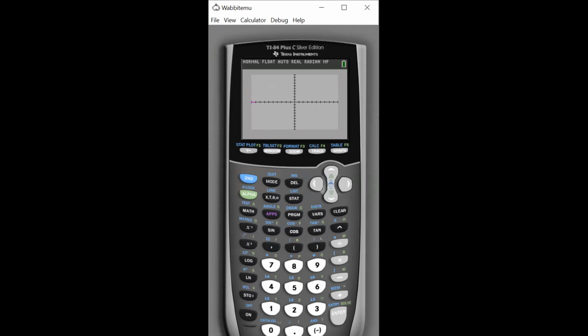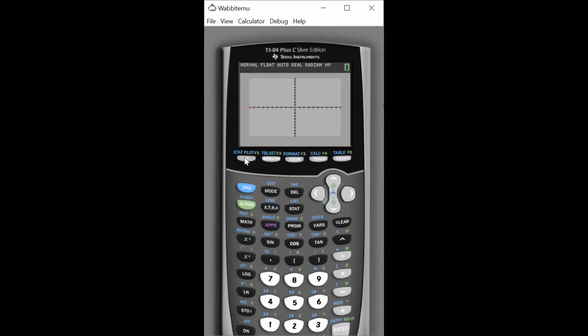So it looks like my graph is starting at 0 on the y-axis, and it's not really going anywhere else. I'm not quite sure why my calculator is not graphing this very nicely.